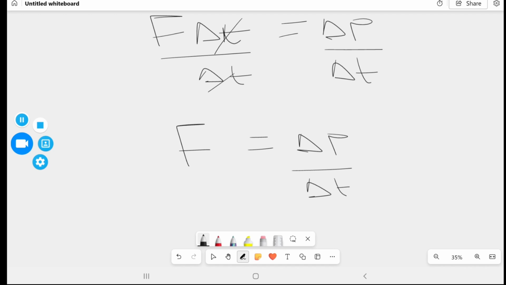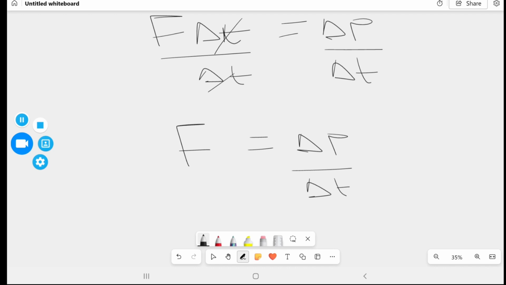So now here is the thing, we can also define force in this manner. We know that with Newton's second law, we define force as F equals ma. But we can also define force as this, depending on the things that you're given, the variables that you have to deal with.